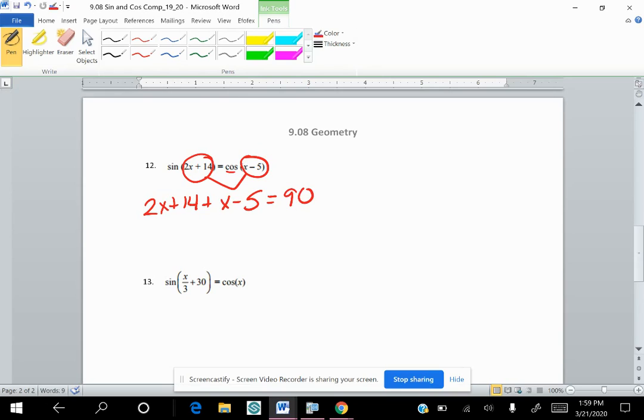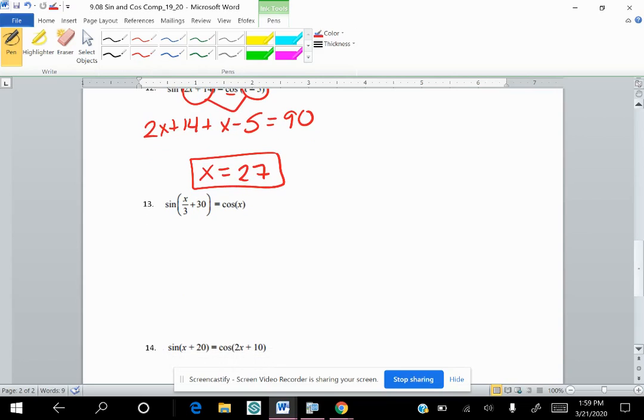I am quite confident that you can all combine like terms on your own and solve for x in that equation. If it is something that you're struggling with, then please text me, email me, or send me a private message on Google Classroom. Let me know that you need help figuring any of these out if I don't give you enough work for them.